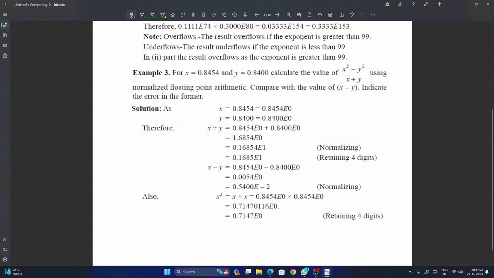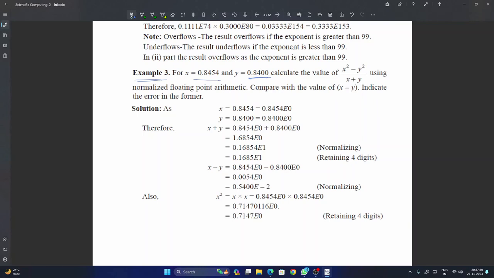Now take another important example, example 3. I have already said, take two values, suppose x equals that and y equals that, and calculate the value of x square minus y square divided by x plus y using normalized floating point arithmetic, and compare it with the value of x minus y and indicate the error in the format.